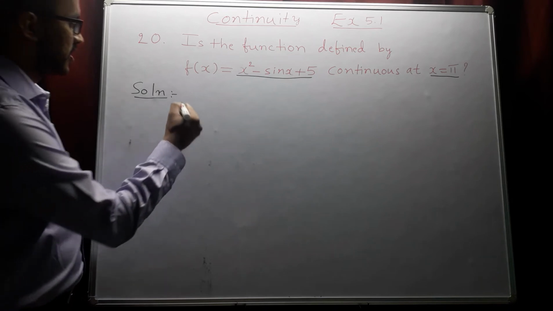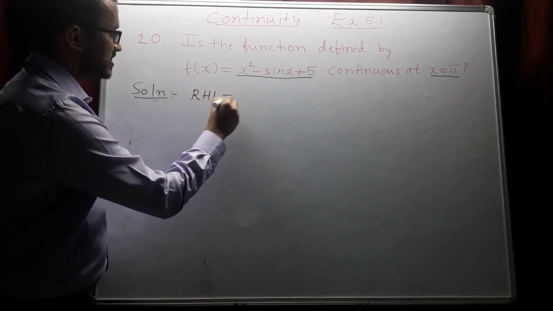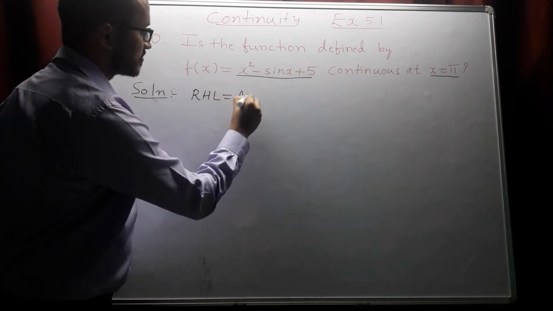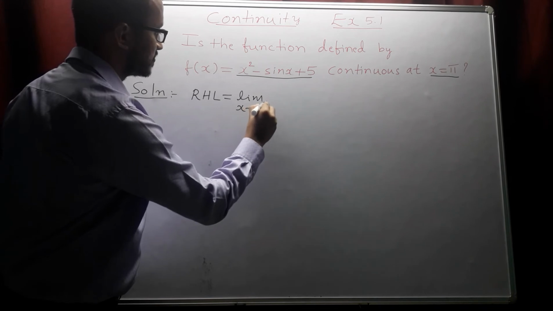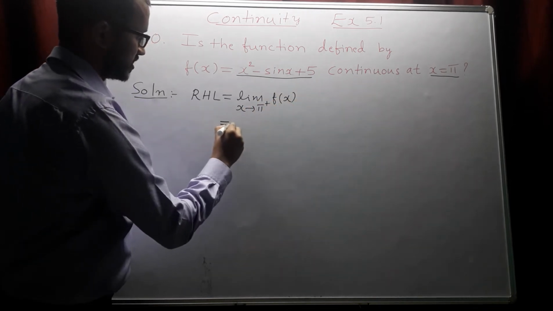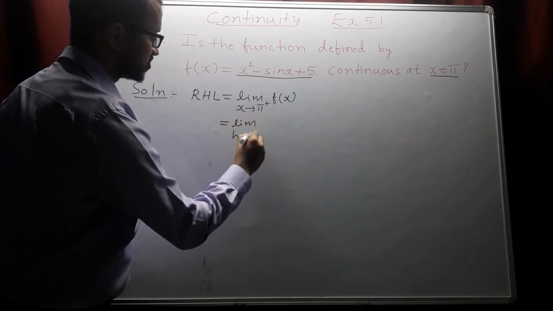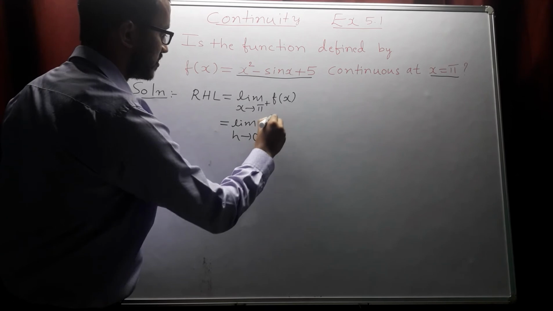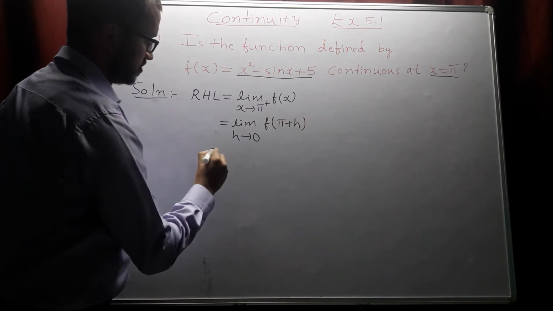Similarly, we compute the right hand limit. The right hand limit is equal to limit x tends to π plus f(x), which is equal to limit h tends to 0 of f(π + h).